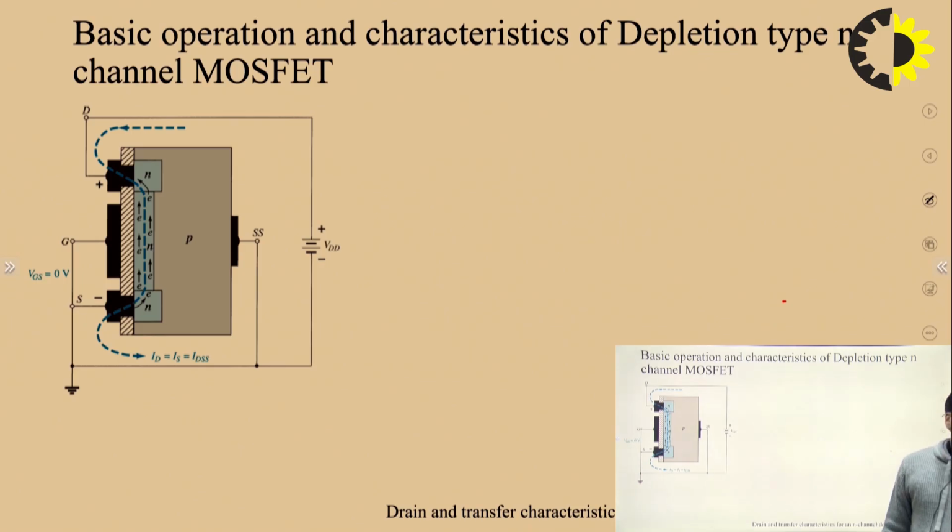So next is the basic operation and characteristics of the depletion type N channel MOSFET. Previously we had discussed the enhancement type MOSFET. In this case we have a channel already present in the picture. You can see here the working phenomenon is similar to the enhancement type MOSFET.